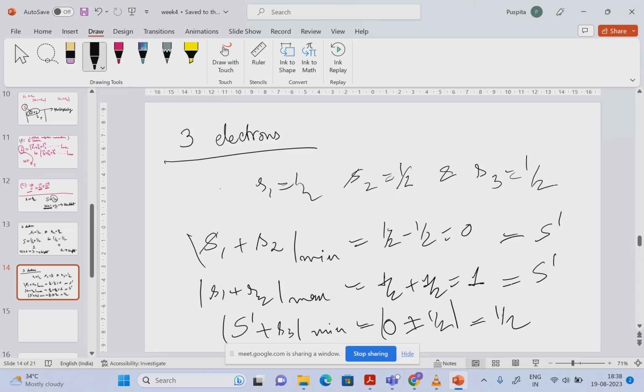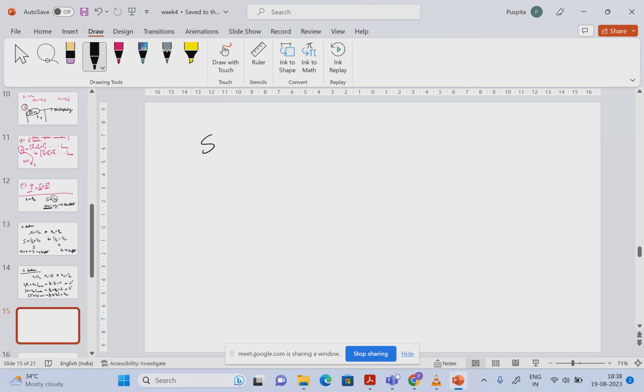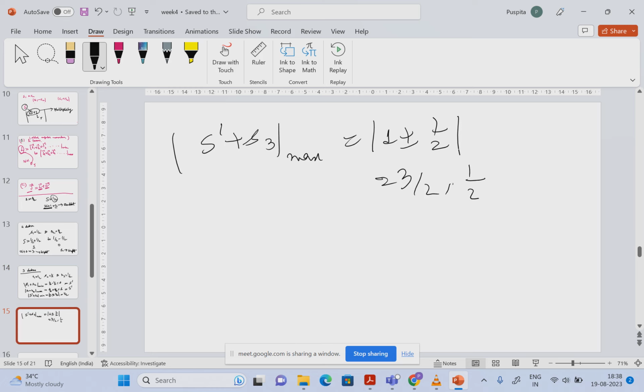Always we take the mod value. And S dash plus s3 maximum will be 1 plus or minus half. So there can be two values, 3 by 2 and half. So the maximum is this.